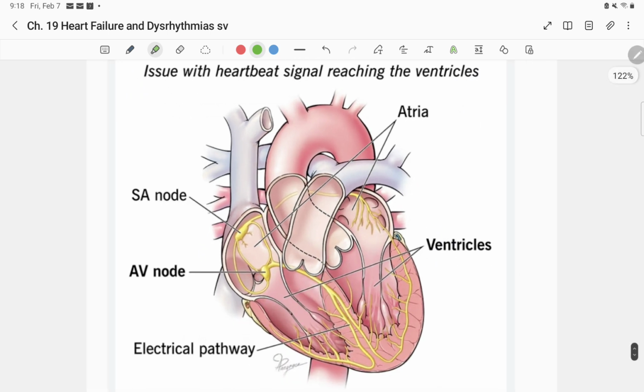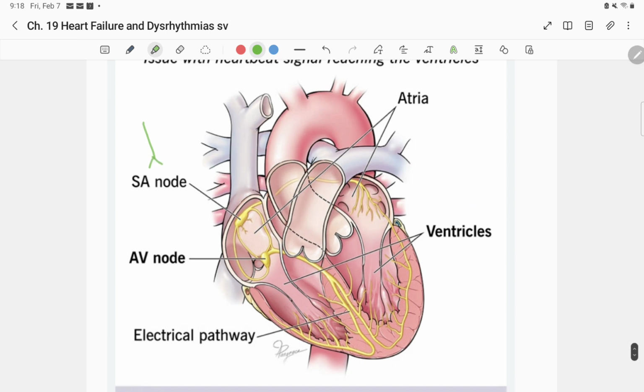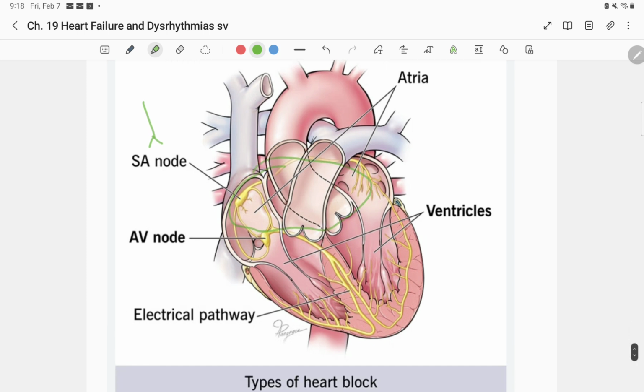Okay, this picture is showing you just a reminder of we have some nerves that come in and communicate to that SA node that cause the atria to squeeze, and then eventually that signal goes to the AV node, which will cause the ventricles to squeeze.